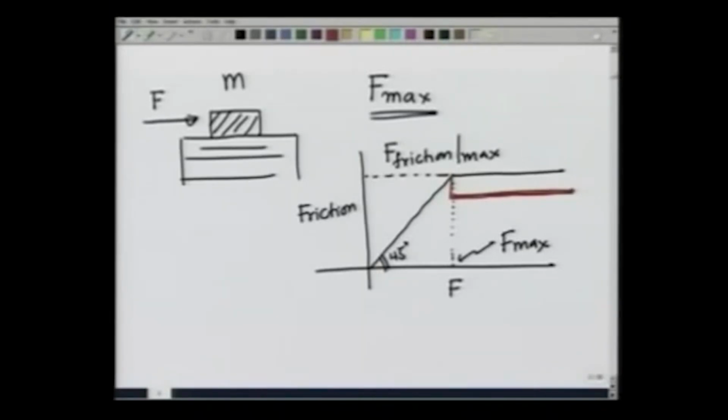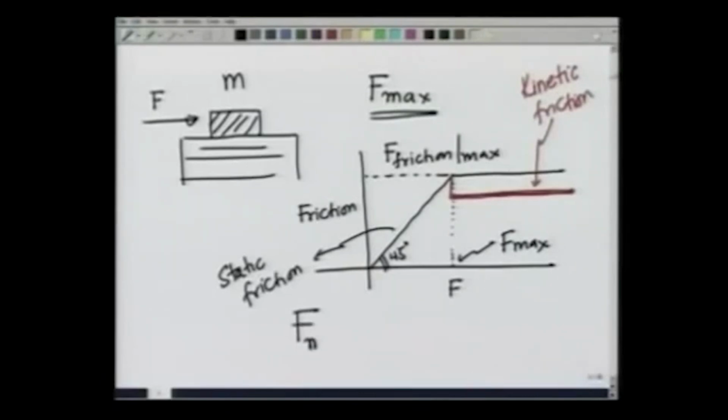So we call these two regions, this is called kinetic friction, and as long as the body is not moving, that is known as static friction. So notice that frictional force, when you are applying a force on the body, is not constant. As you keep changing the force, the frictional force keeps changing until you reach a maximum force beyond which it cannot increase, and then the frictional force works at its maximum.